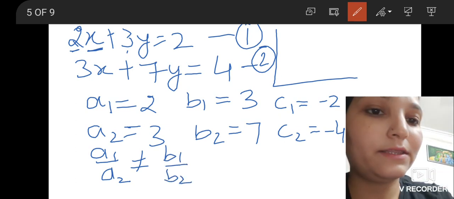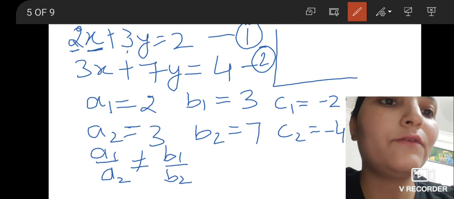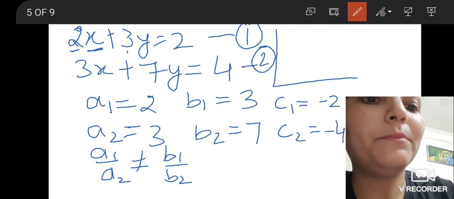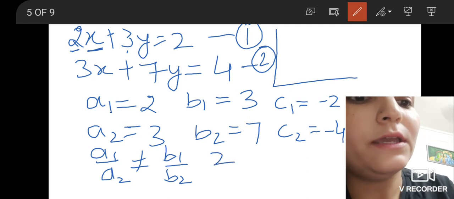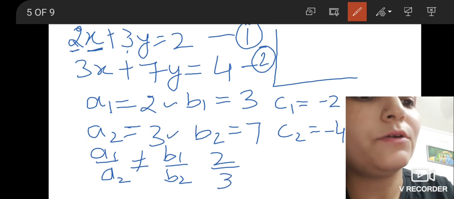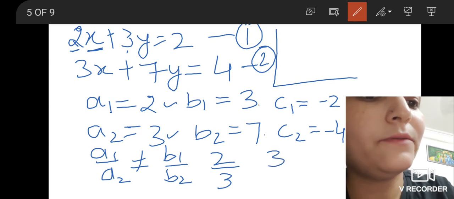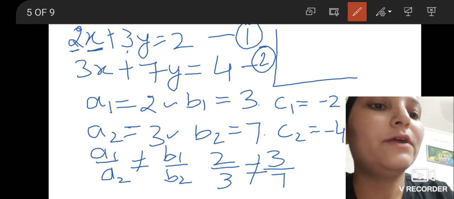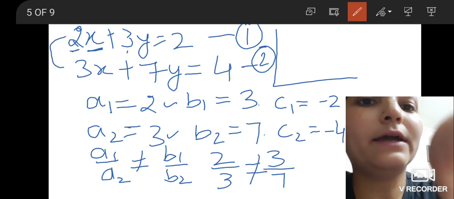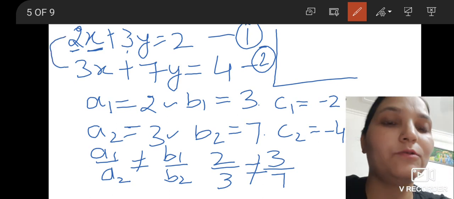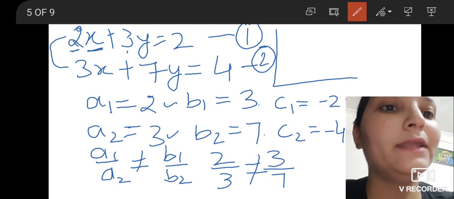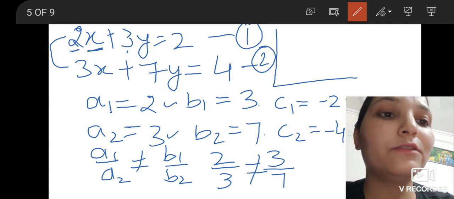Here a1 upon a2 is 2 upon 3, and b1 upon b2 is 3 upon 7. You can see that these are not equal. If they are not equal, these two lines must be intersecting lines.